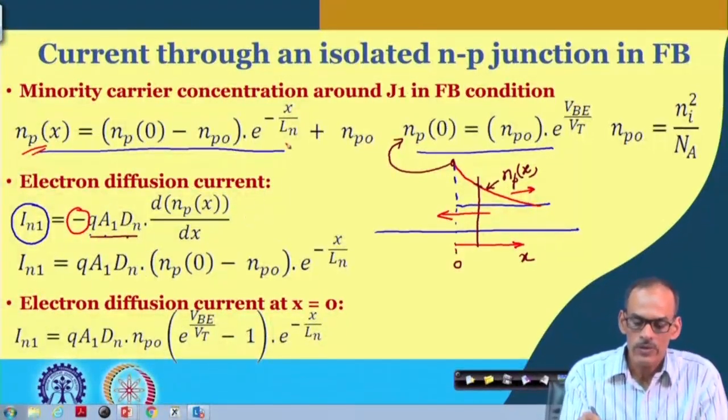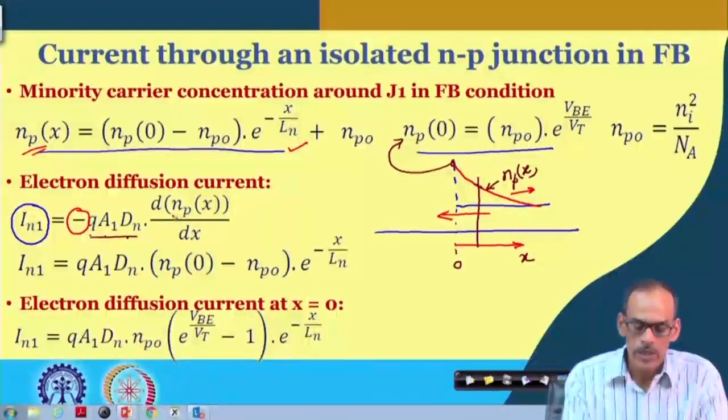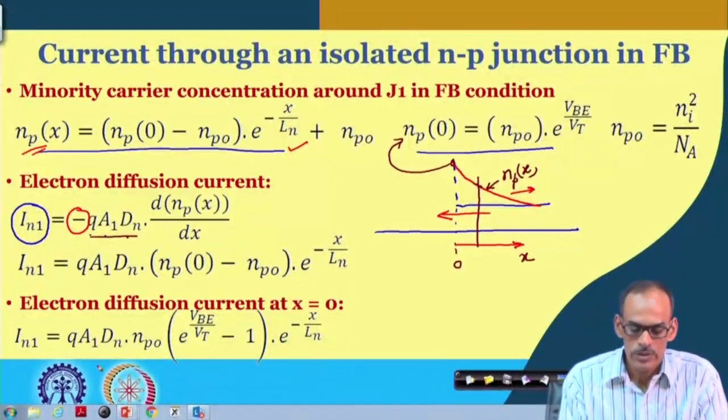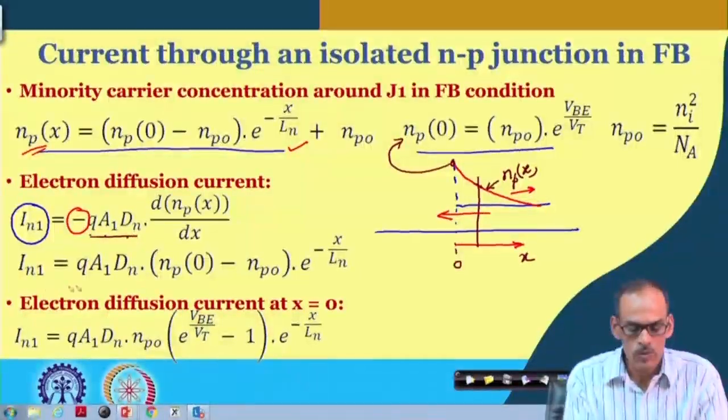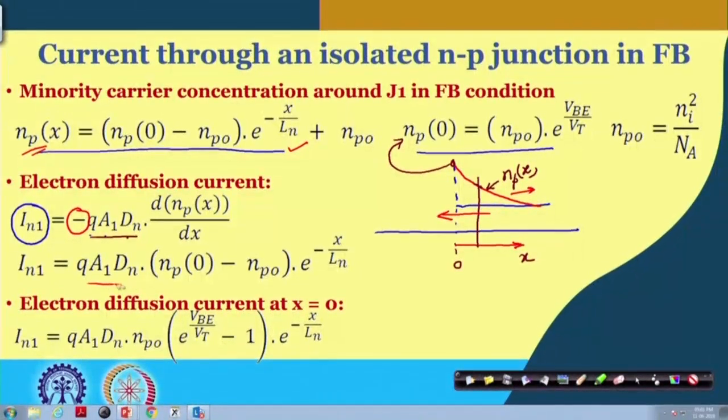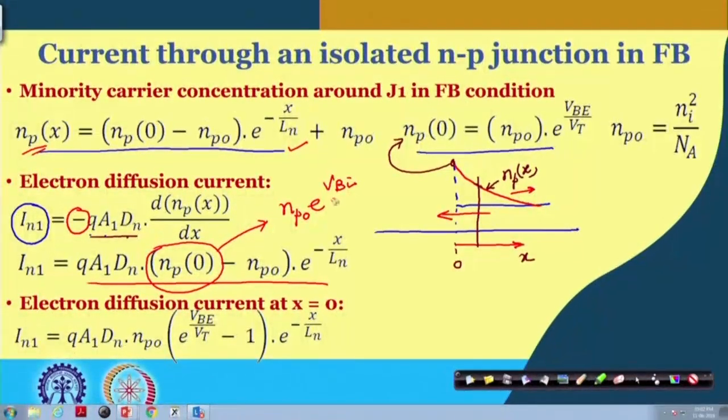So, if I use this expression of N p x and take the derivative with respect to x, then we find that I n 1 has this expression. Now, this part is a strong function of VBE. So, we may say that this part is N p 0 e to the power VBE by Vt.